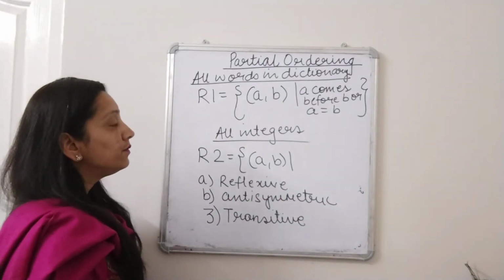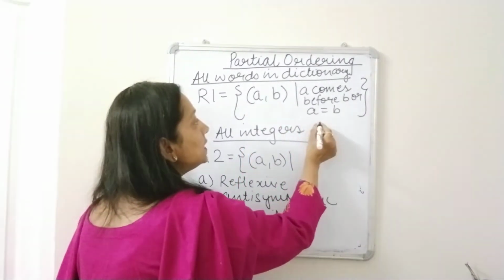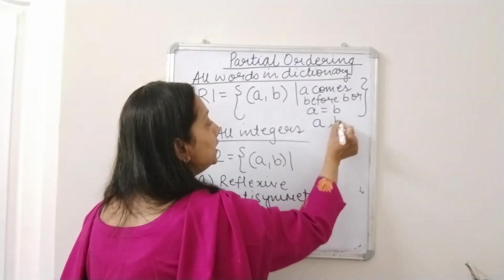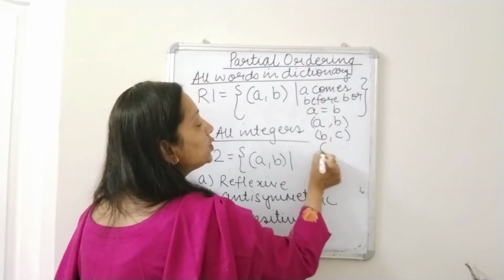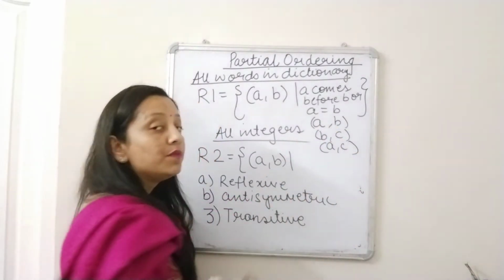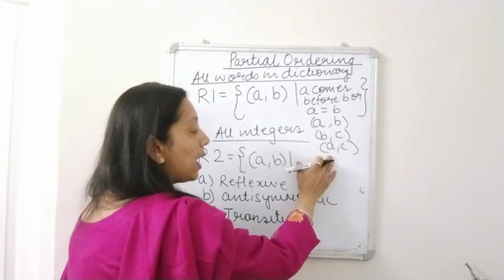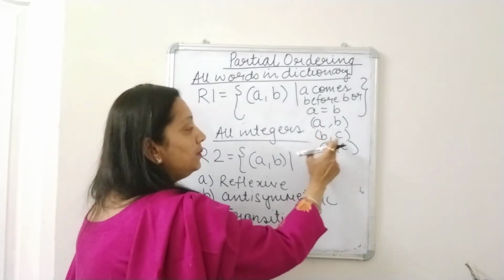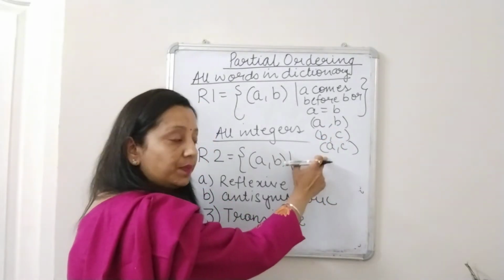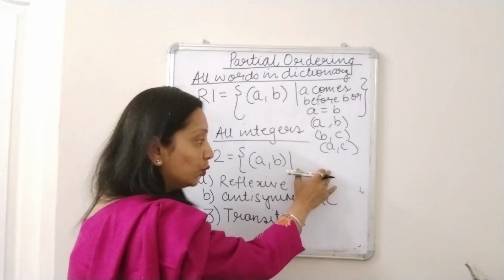How are they transitive? Because if A comes before B and if B comes before C, then it is quite obvious that A would come before C. So we can have an ordered pair. So if I have an ordered pair A comma B and B comma C, I can have an ordered pair A comma C also.